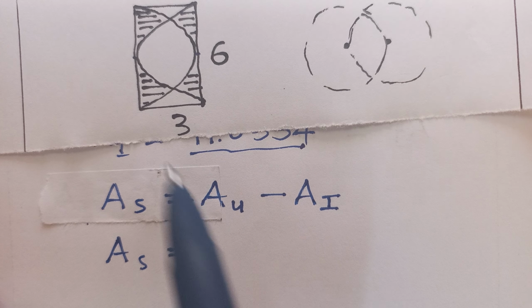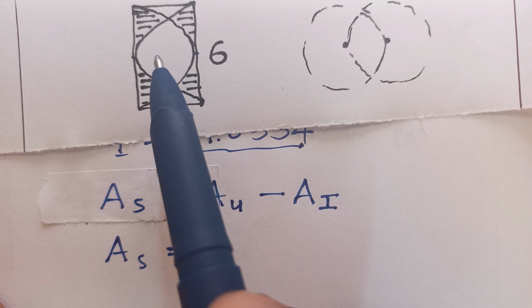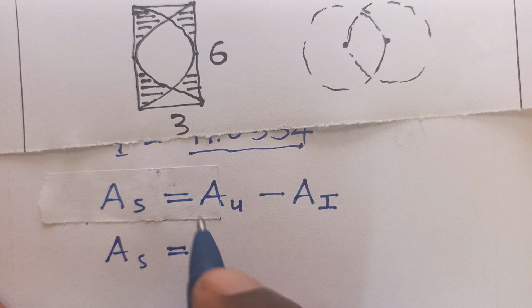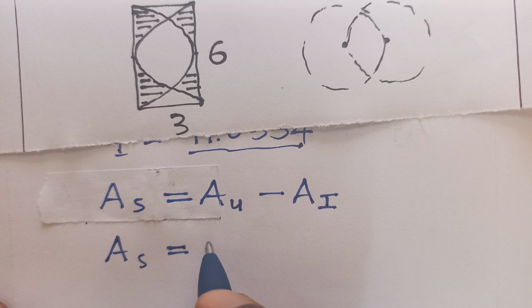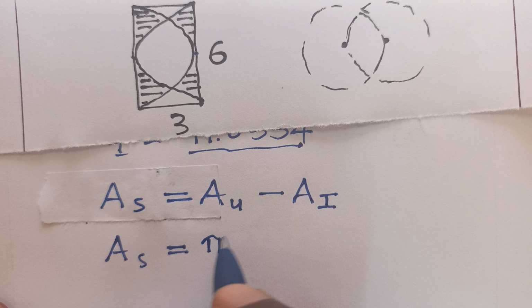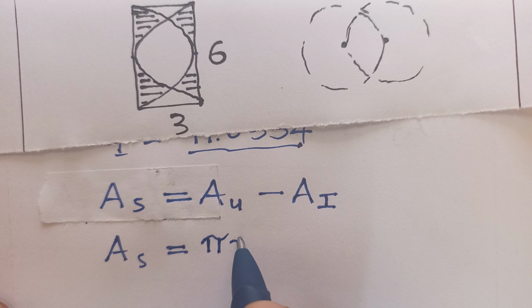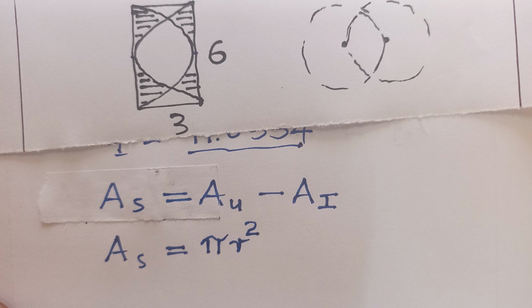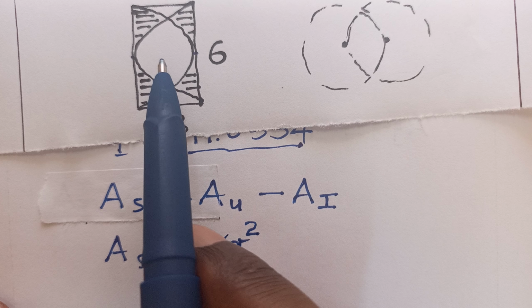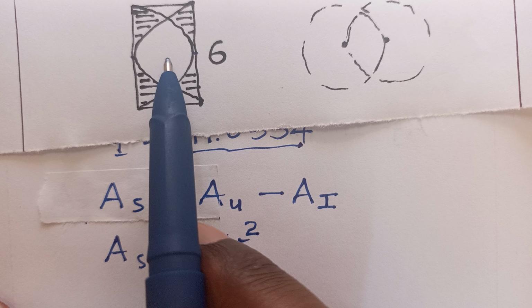The area of the two semicircles, guys, for one semicircle is a half pi r squared, and therefore for 2, it is going to be pi r squared. But remember, guys, the intersection is counted twice.